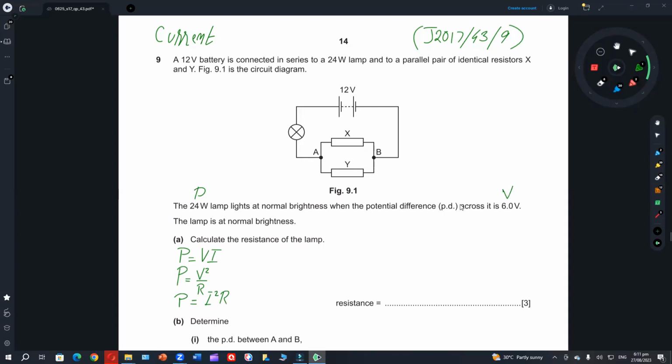They have given me voltage. And they're asking me to get resistance. So can you point out for me what formula should I take? What formula should I select? Quickly answer, please.